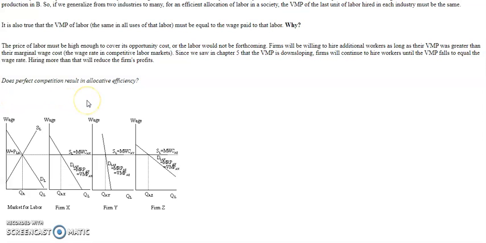The second part represents the allocative efficiency of labor: how to determine labor hiring to what level, and how to determine allocative efficiency in a perfectly competitive market. I think all should be clear on these topics. Okay, thank you.